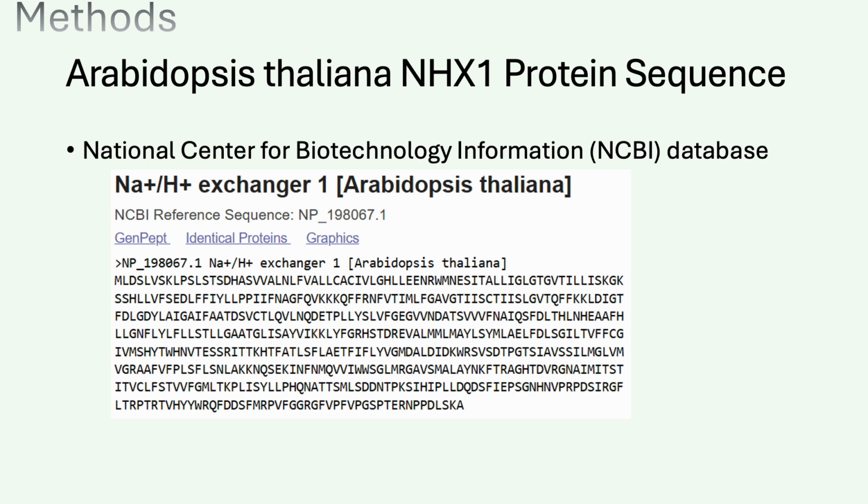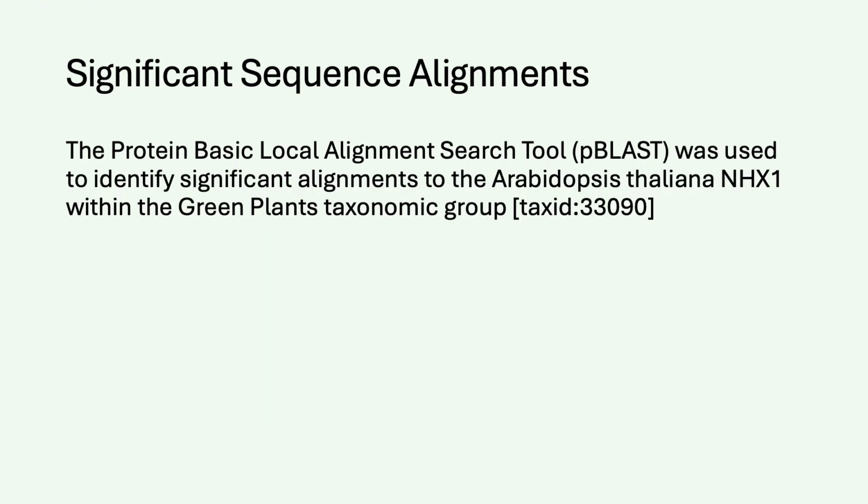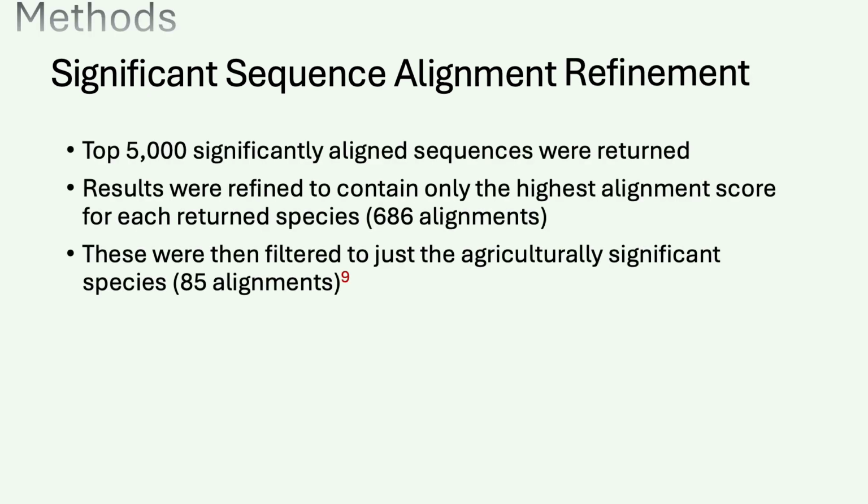I first acquired the Arabidopsis thaliana NHX1 protein sequence from NCBI. The sequence is shown here. The Protein Basic Local Alignment Search Tool, pBLAST, was used to find significant alignments to the NHX1 sequence in the green plants taxonomic group. The returned list was quite extensive, which led to the need for significant sequence alignment refinement.